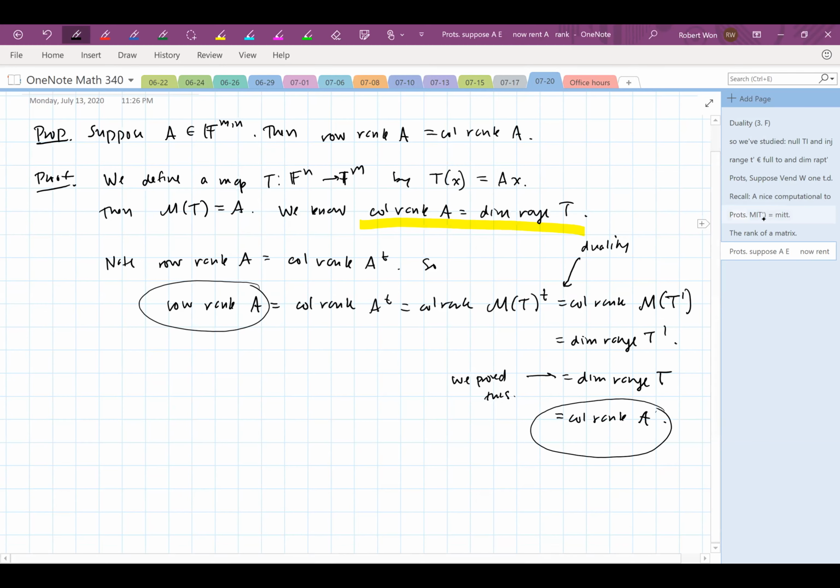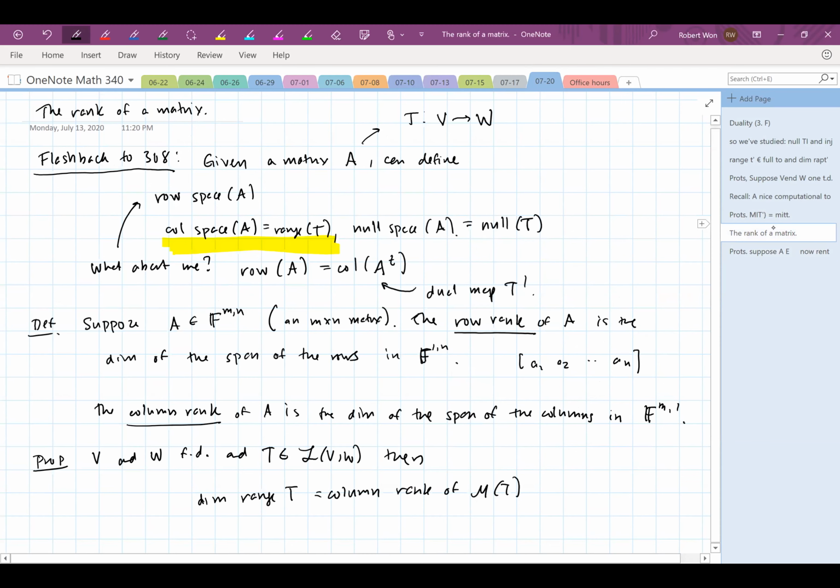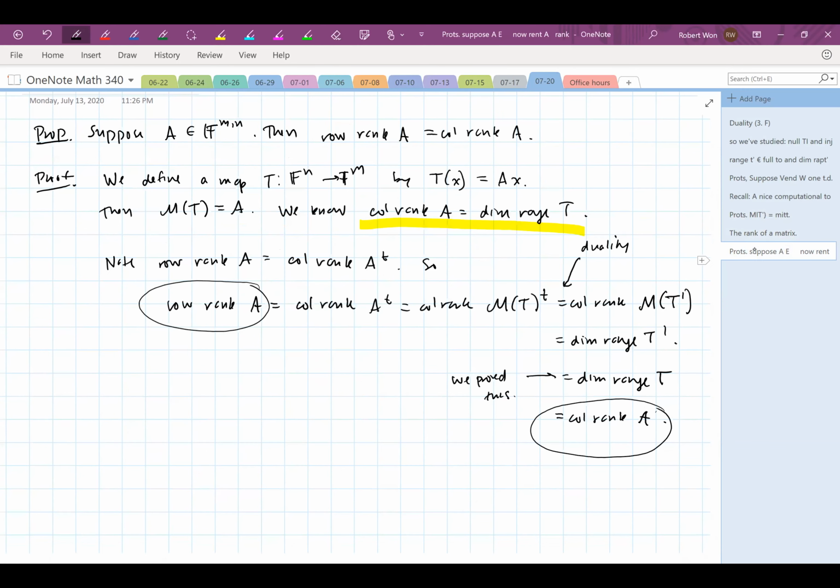Which then, I guess, begs the question as to why we defined these two things. Why would we define two words when we actually only need one word because they're always the same? So in fact, generally you never hear column rank or row rank. The rank of a matrix is just its column rank or its row rank.